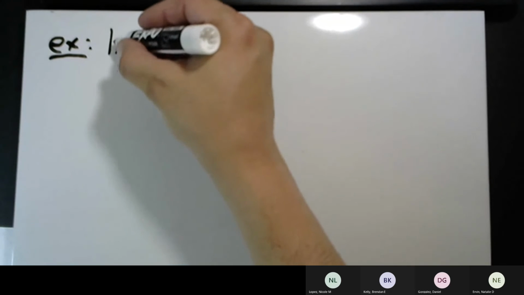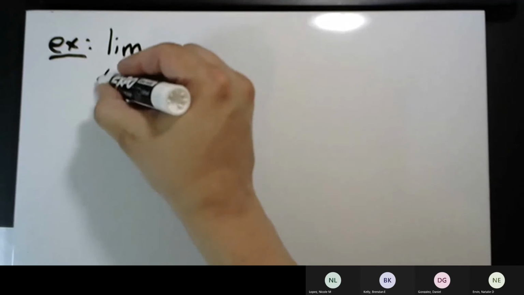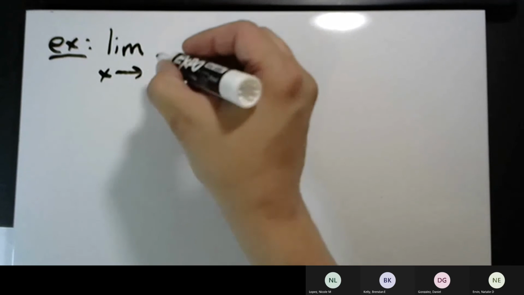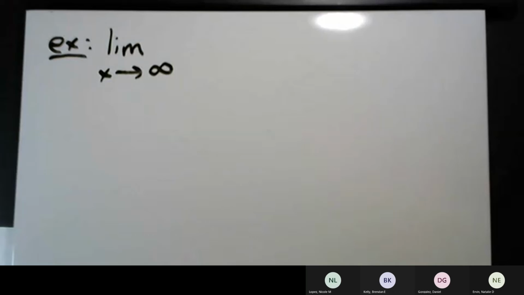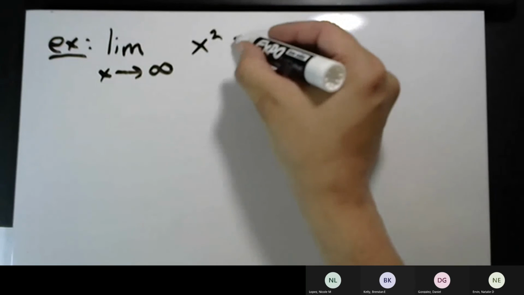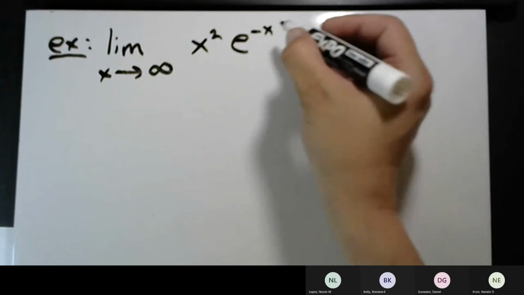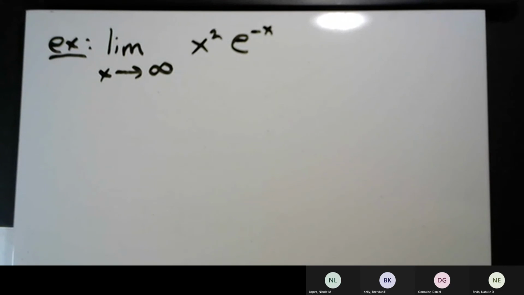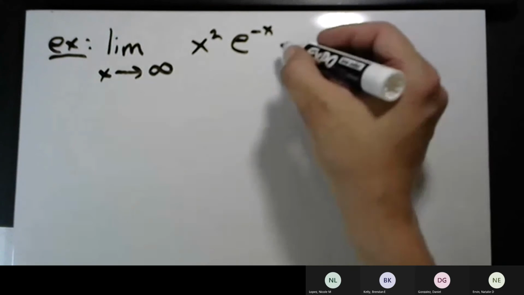All right, so let's say we have this. Now we've been having x approach a, but we're also going to allow for x to approach infinity. We're going to allow for that.